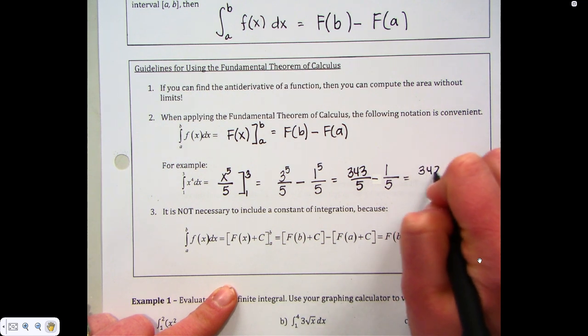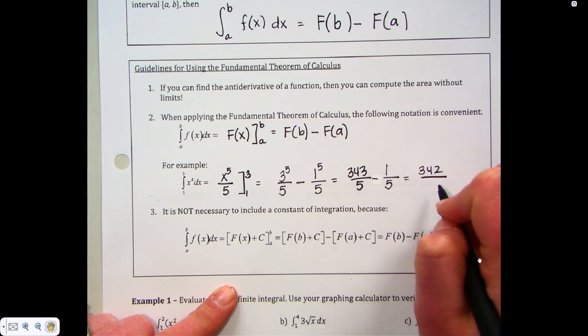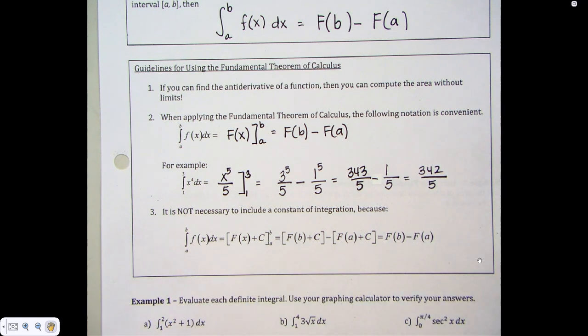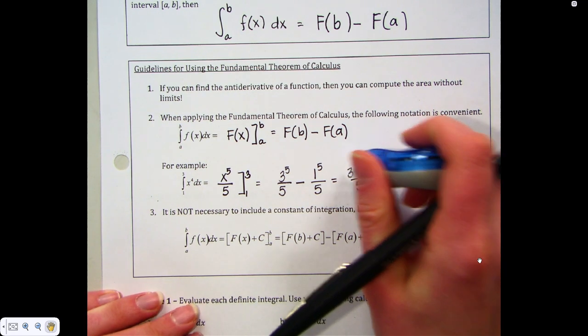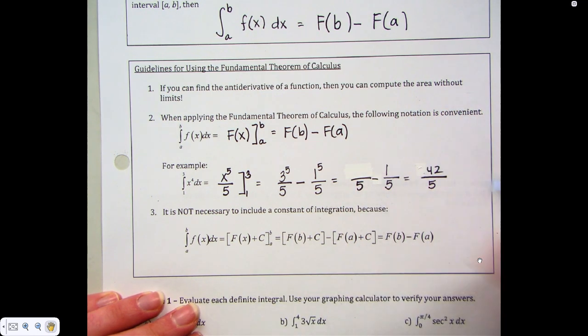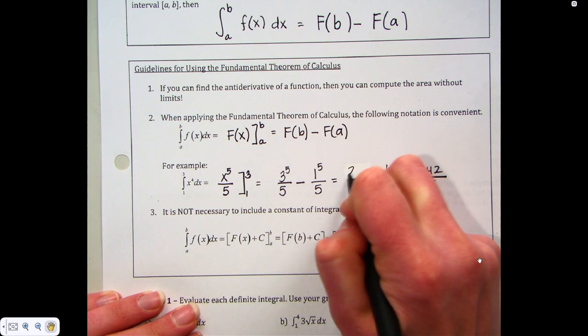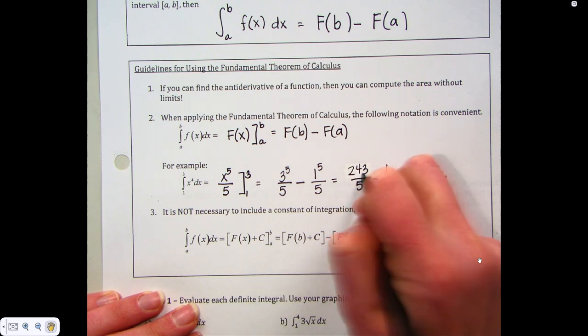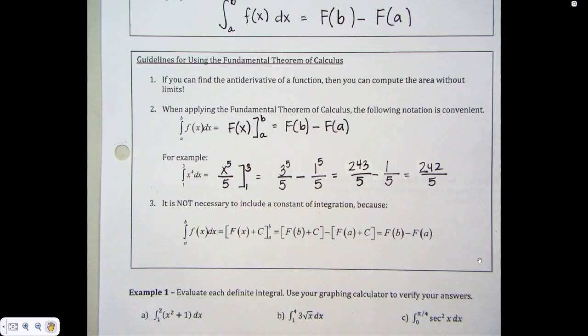So for a grand total of 242 over 5. And you know what? I messed up. I had 3's in my head. Sorry about that. Maybe some of you caught it. 243 and 242. So that's how it works.